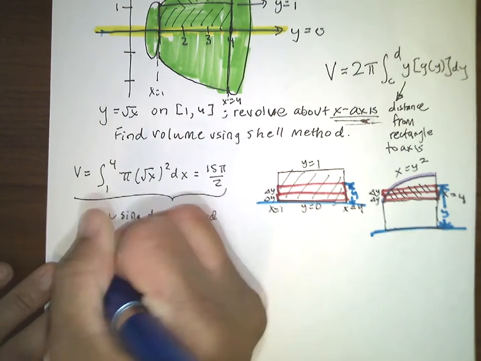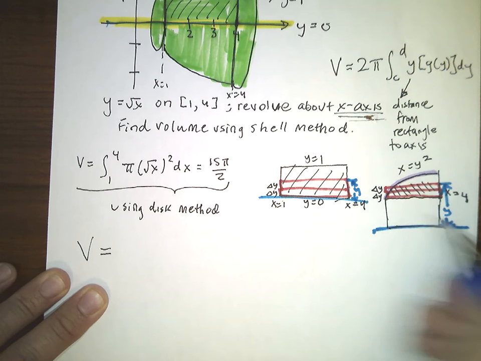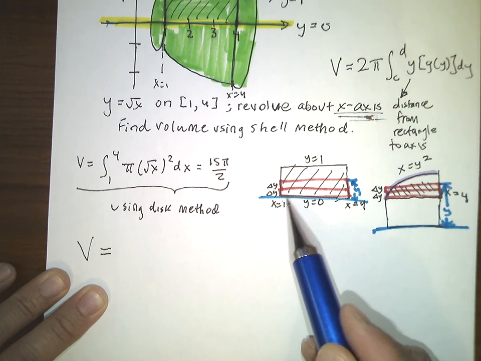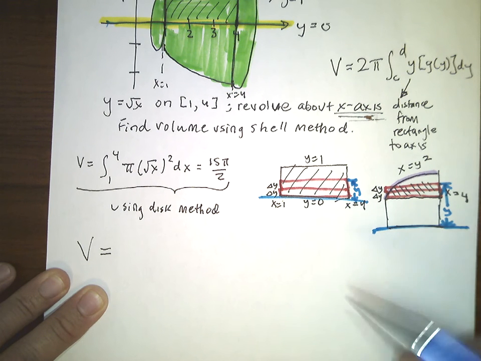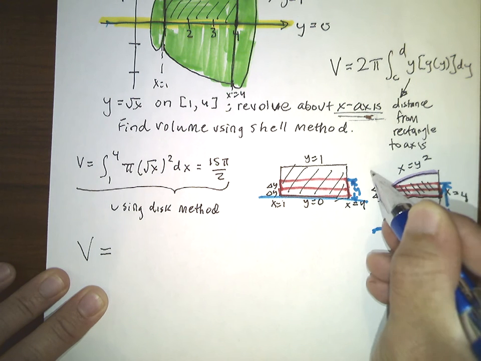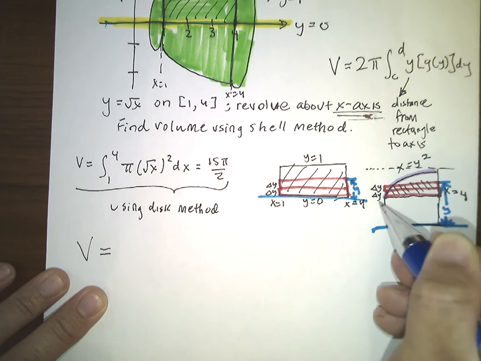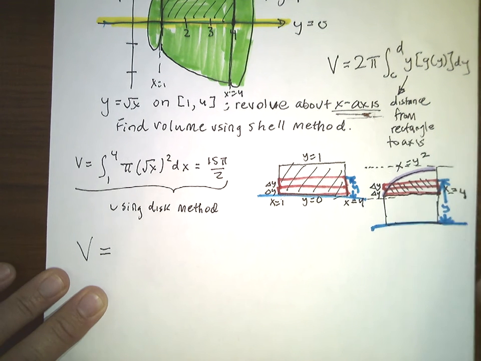So here's the volume using the shell method, from y equals 0 to 1. By the way, I can draw other stuff in here if you would like.